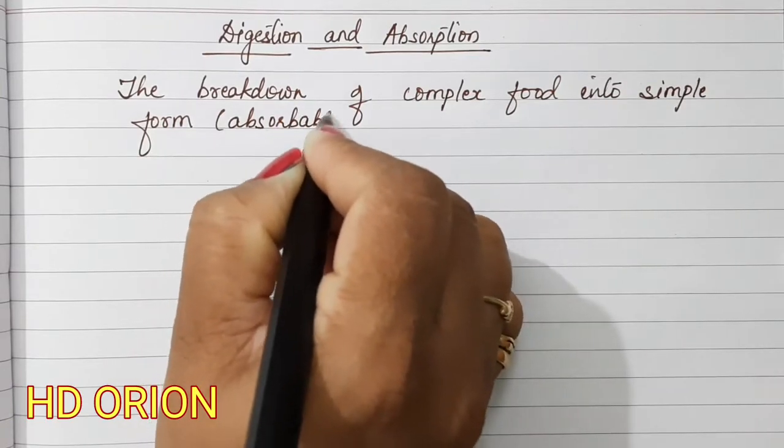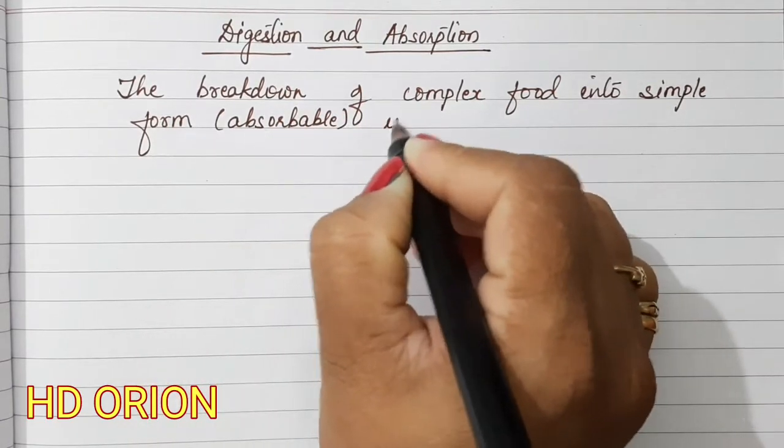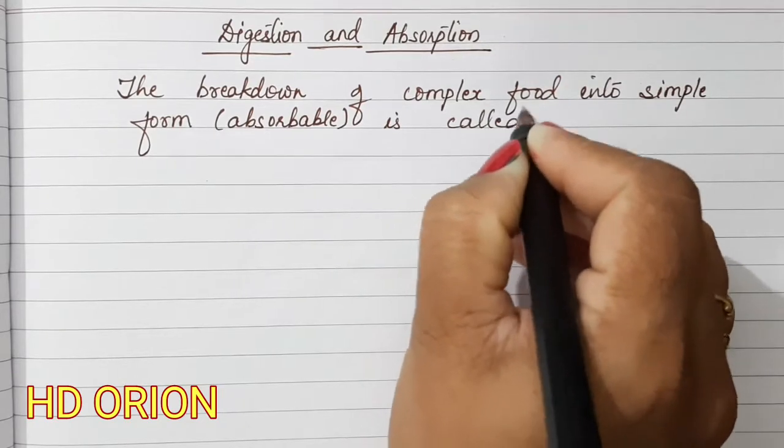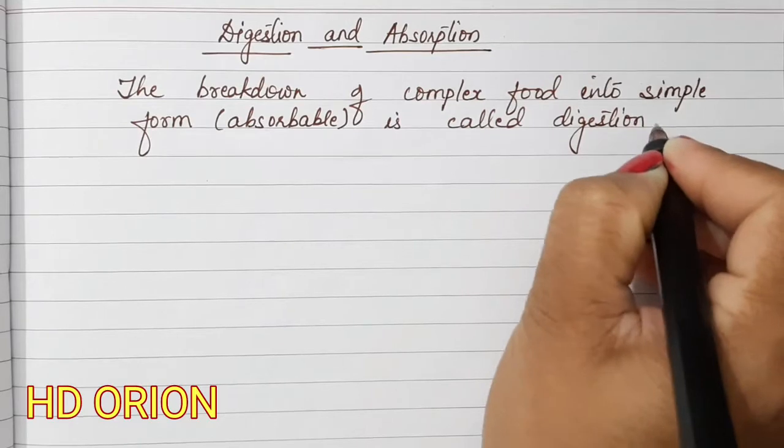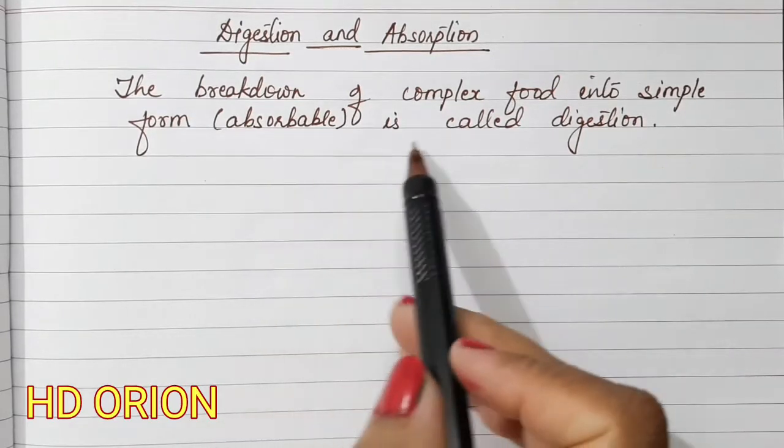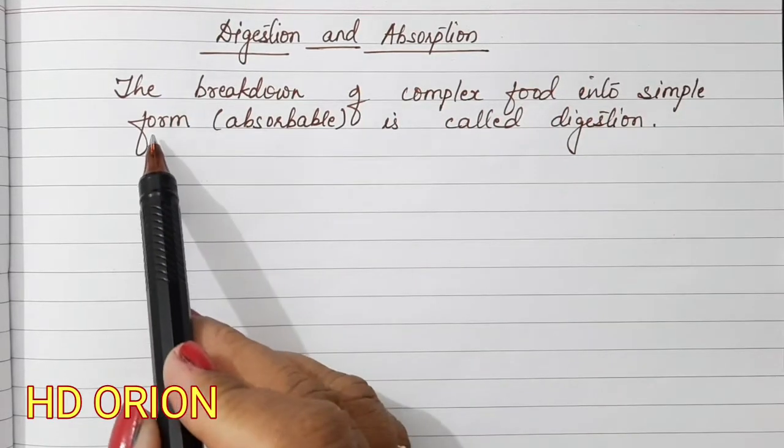Into such a form which is absorbable is called digestion. So it's a process of breakdown of the complex food into simpler form.